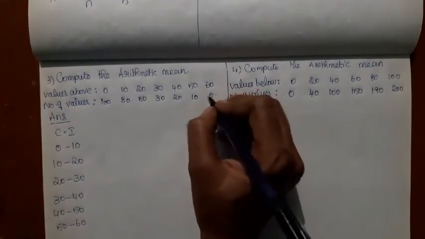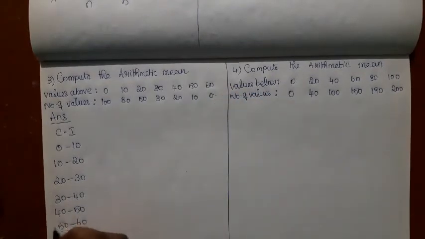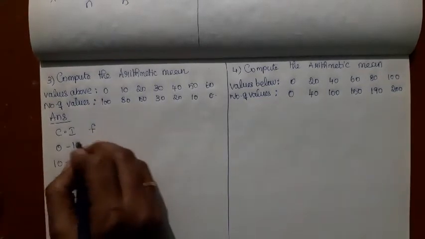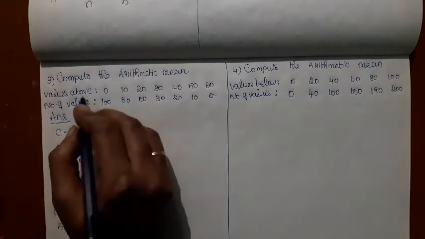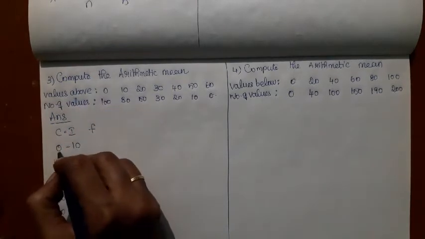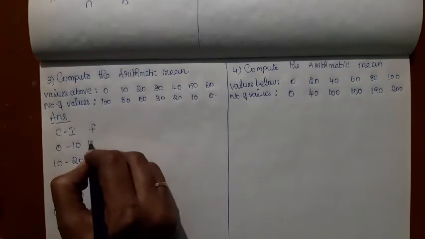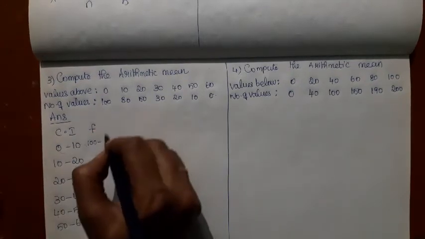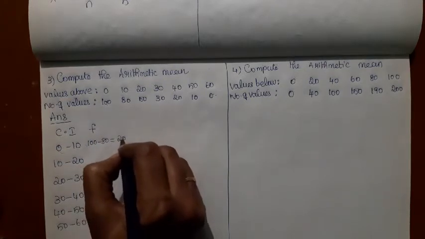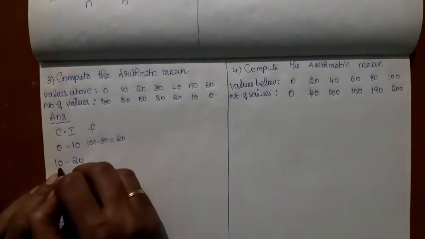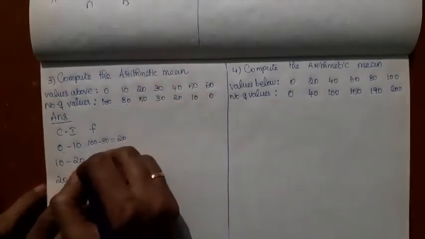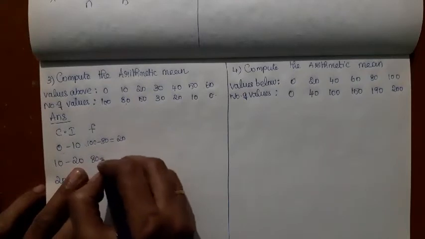If this is given, even if it is not given, you should make an assumption that 50 to 60 is the last class. Frequency: how should you derive the frequency? See, above is given. So you need all the values which are more than 0, but you don't want the values which are more than 10, so 80 values are to be excluded. Here you want all the values more than 10. You don't want the values which are more than 20.